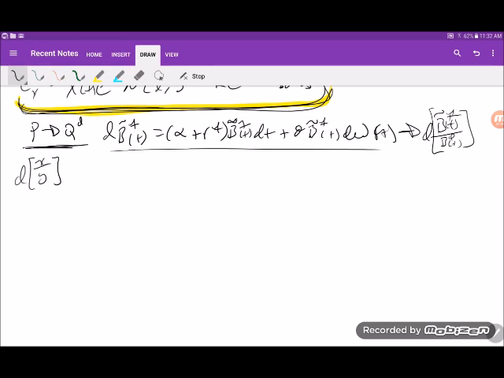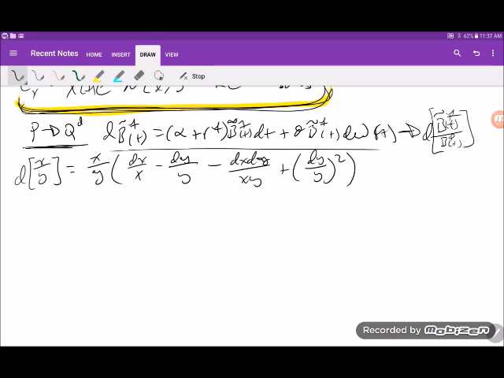which is that d of x over y is going to be equal to x over y times dx over x minus dy over y minus the cross, and then finally plus dy over y squared. Now, you can prove this to yourself more rigorously, but you can see that these are going to simply cancel.